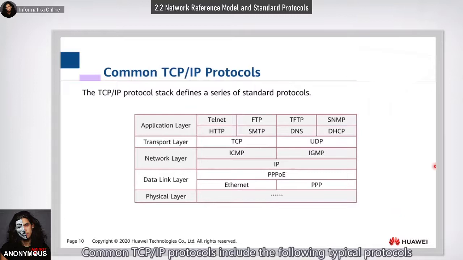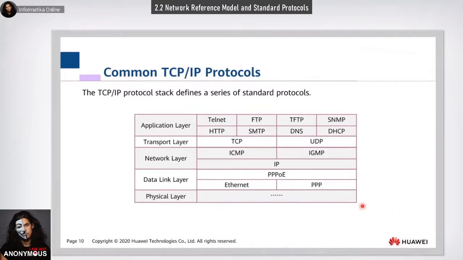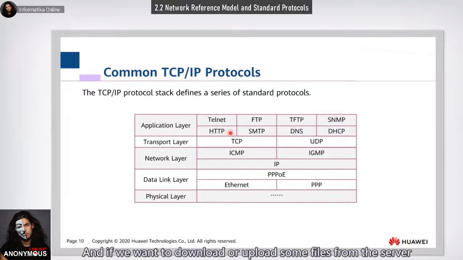Common TCP/IP protocols include the following typical protocols. In the application layer, when we use a web browser, we need to use the HTTP protocol to access the remote web server to download the web page. If we want to download or upload a file from the server, we need to use the FTP protocol.